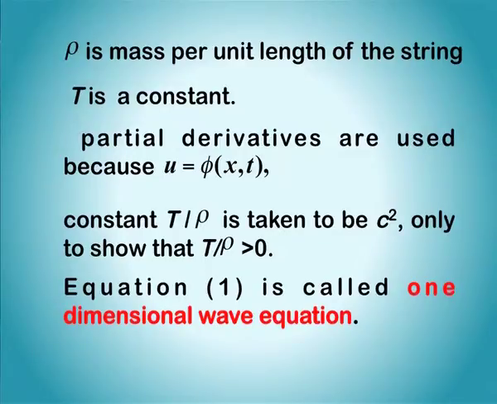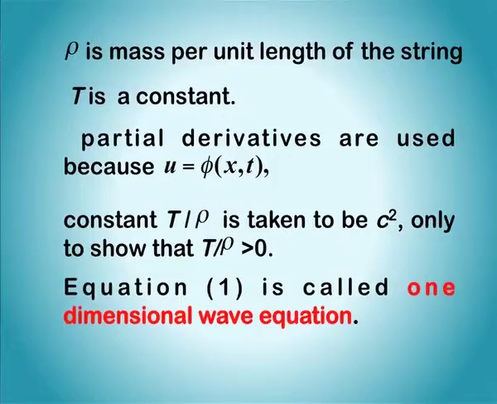In all these cases, we have rho as the mass per unit length of the string. Capital T is purely a constant. Partial derivatives are used because u is a function of two variables, u is dependent, and as you can see here, x and t are independent variables. Similarly, as we started with the differential equation, the constant T upon rho is taken to be c square.